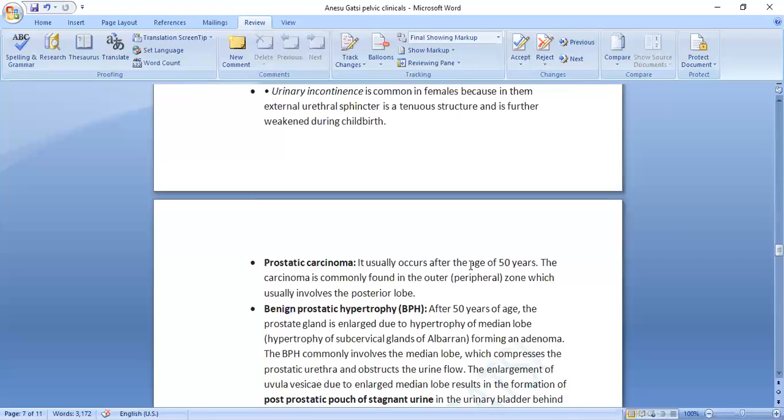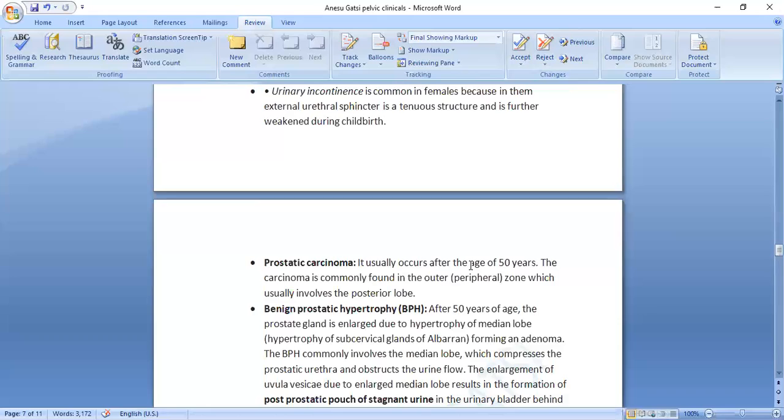Remember, the prostate has a transitional zone, a central zone, then a peripheral zone. In the first zone, you find the transurethral mucosal glands. Then you find transurethral submucosal glands in the second one. Then the peripheral zone, which is around 75% of the prostate, has the main glands of the prostate.